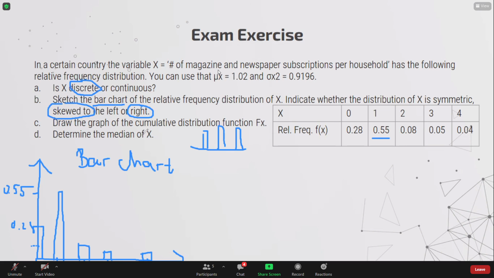We have to draw the graph of the cumulative distribution. So now for C, we have to sum up the numbers. For example, here we have 0, 1, 2, 3, 4. Firstly, before 0, we have just zeros.